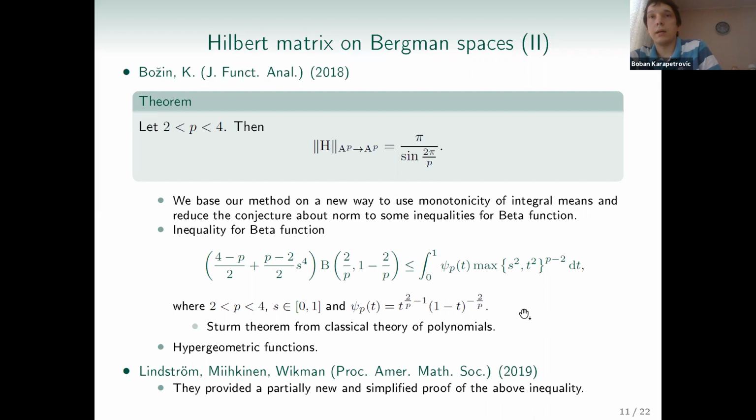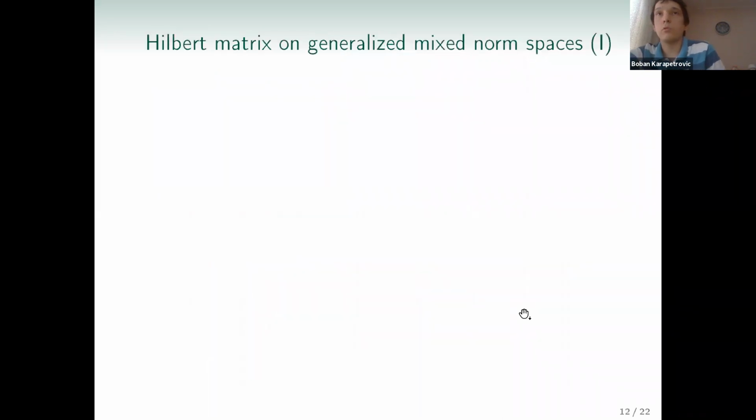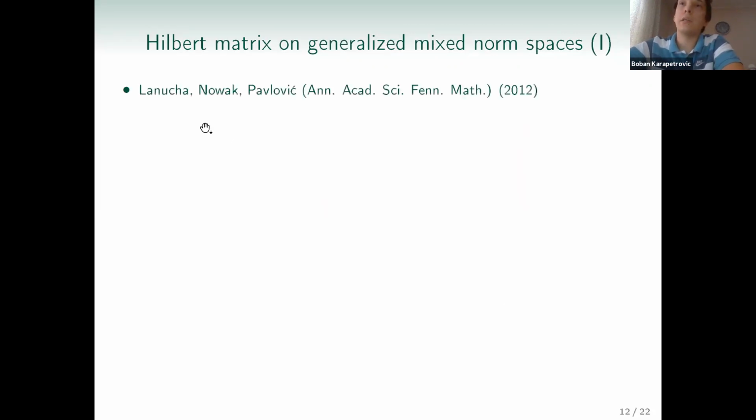And now I'm going to the Hilbert matrix on generalized mixed norm spaces. In 2012, Lanucha, Nowak, and Pavlović, among other things in their paper, proved that the Hilbert matrix H is bounded on this weighted Hardy space, H P infinity alpha, if and only if alpha plus 1 over P is less than 1.